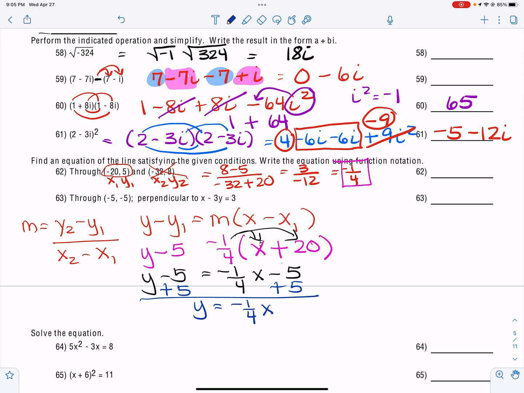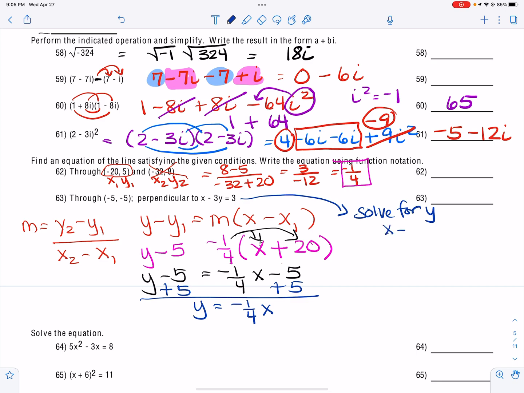Now, if I have a perpendicular line to the given equation, x minus 3y, the first thing that I want to do for this problem right here is to solve for y, because I need to know what the slope of that line is.